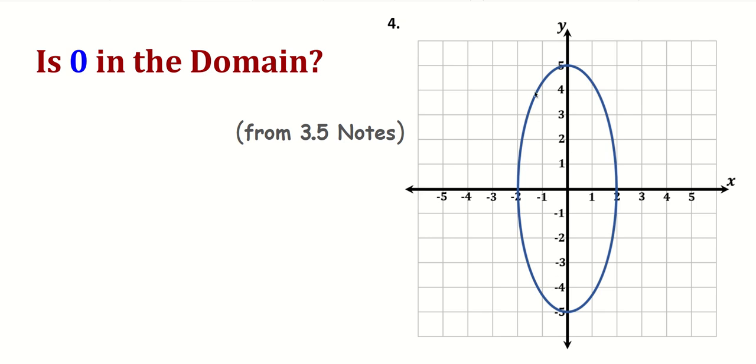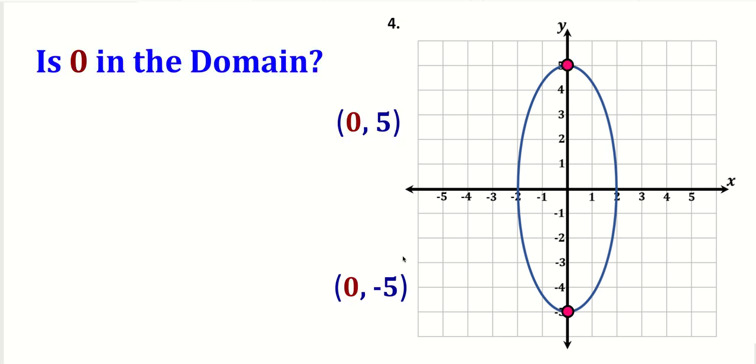Does this graph use any points where x equals 0? Yeah. In fact, 2 of them. So because of these points, or just either one of them really, all it takes is 1 point, 0 is in the domain. Okay, by the way, 5. That makes 5 in the range, as well as -5 is included in the range.